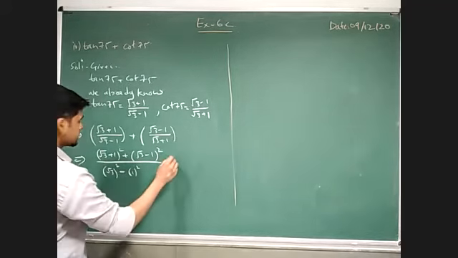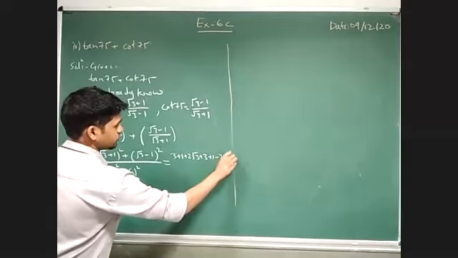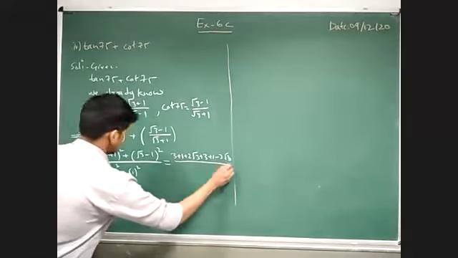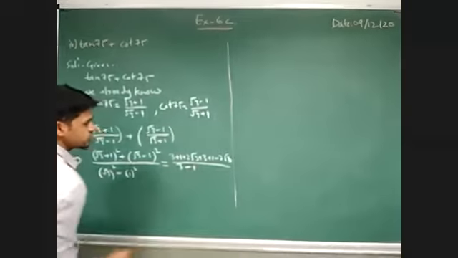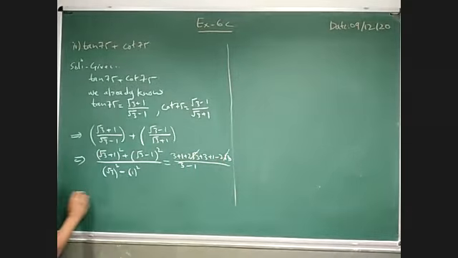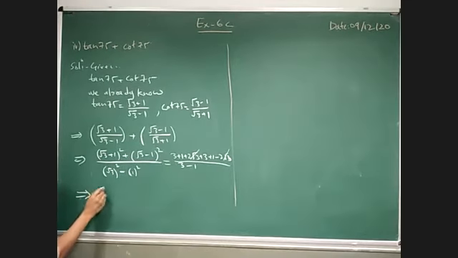After opening the bracket, it will be 3 plus 1 plus 2 root 3, and here plus 3 plus 1 minus 2 root 3. And here this will be 3 minus 1. So plus 2 root 3 minus 2 root 3 will get cancelled. So here I will have 8 over 2, and 8 by 2 is nothing but 4. So this is the answer.